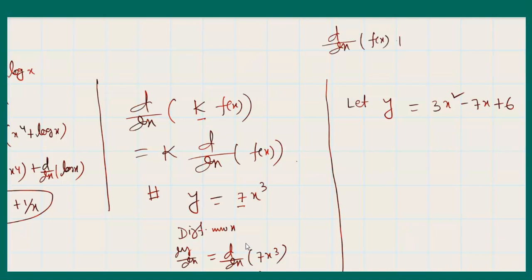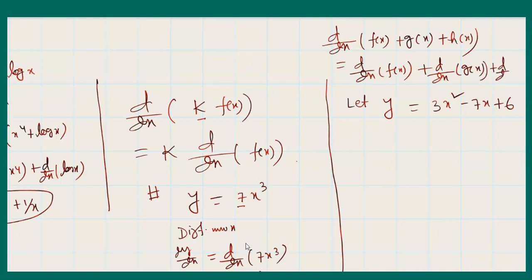If there are 3 functions or 4 or 5, whatever, you can extend it. The derivative rule you can extend for the sum of these 3 functions, it may be the sum of n functions, whatever. It will be derivative of h(x).